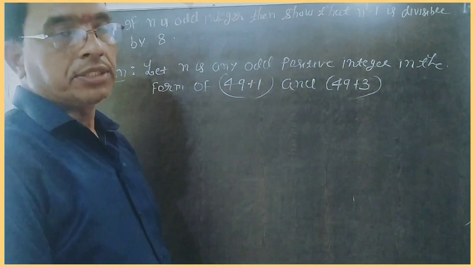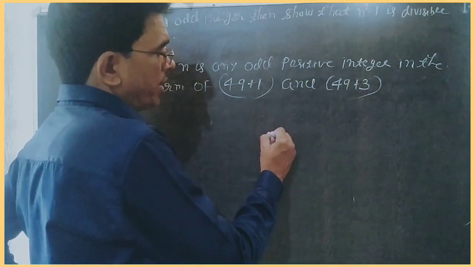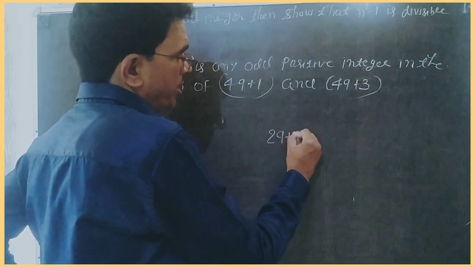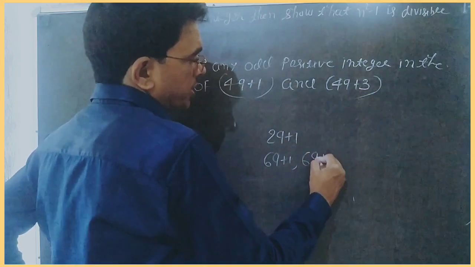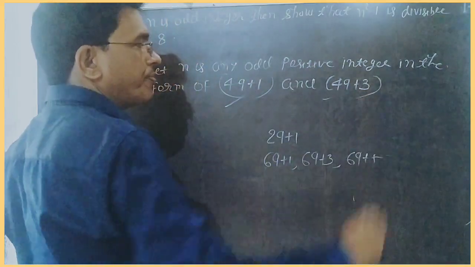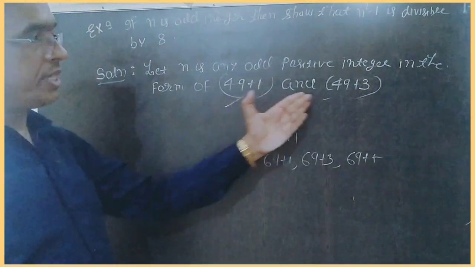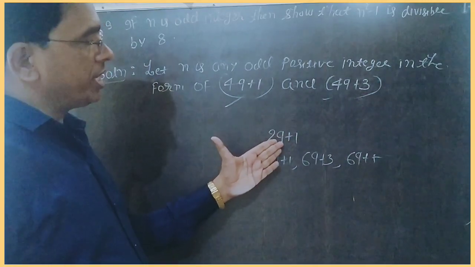In your previous chapters you read there are so many odd forms like 2q plus 1, next 6q plus 1, 6q plus 3, 6q plus 5, and 4q plus 1, 4q plus 3. But why take this? Because when you are squaring the others, you never get it divisible by 8.